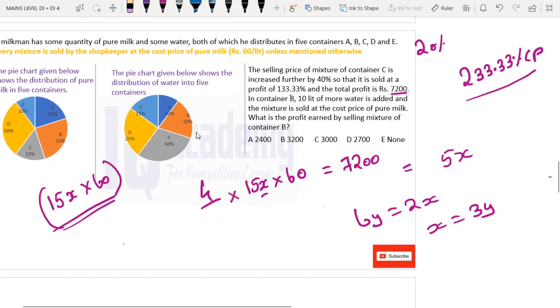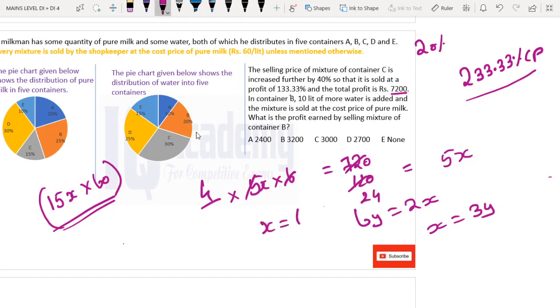We can cancel this, it will become 5x into 60 equals 7,200, so 5x is 120, and x will be 24 by 4, which is 6. So total capacity of milk is 100x, right? So the total quantity of milk is 600 liters.